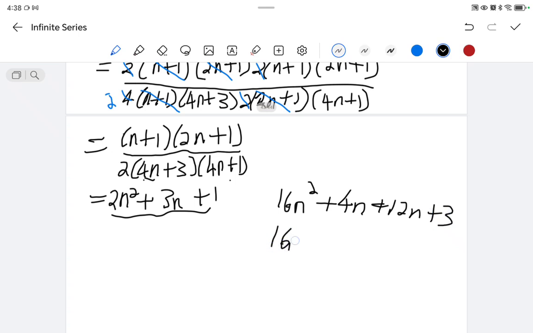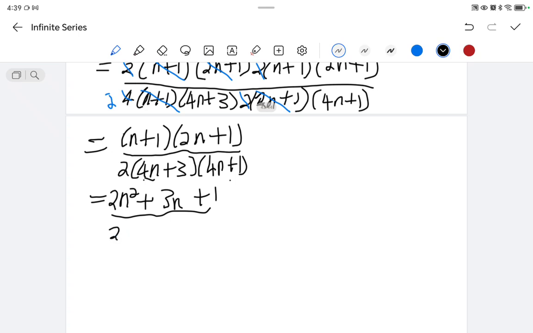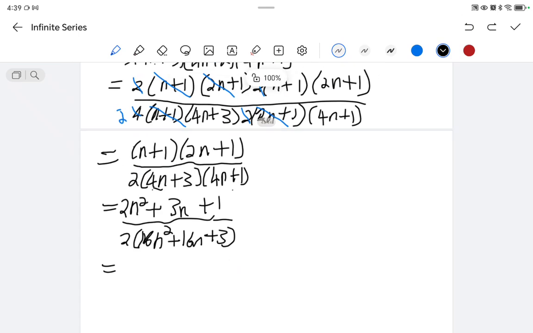This will be 16n squared plus 16n plus 3. And this will be 16n squared plus 16n plus 3. And this would be 2. Well, let me take out 1 over 2. Oh, but that's fine. Now let's find the limit for this.